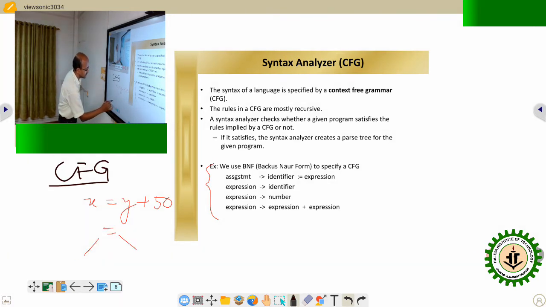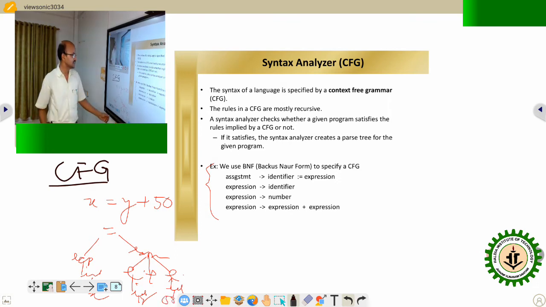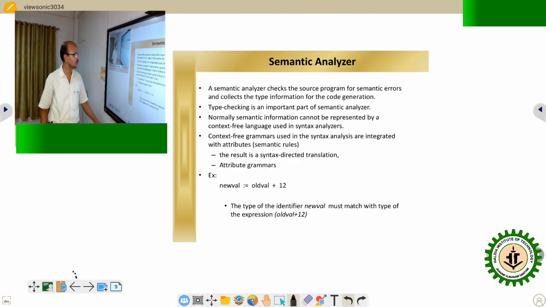This will be one identifier, this identifier will be x, and this expression will be expression plus expression. This will be the identifier y, and this will be the identifier assigned to 50. Okay, so this is how the parse tree will be generated, and this is the role of the syntax analyzer: to check whether the grammar is followed in writing the program or not.